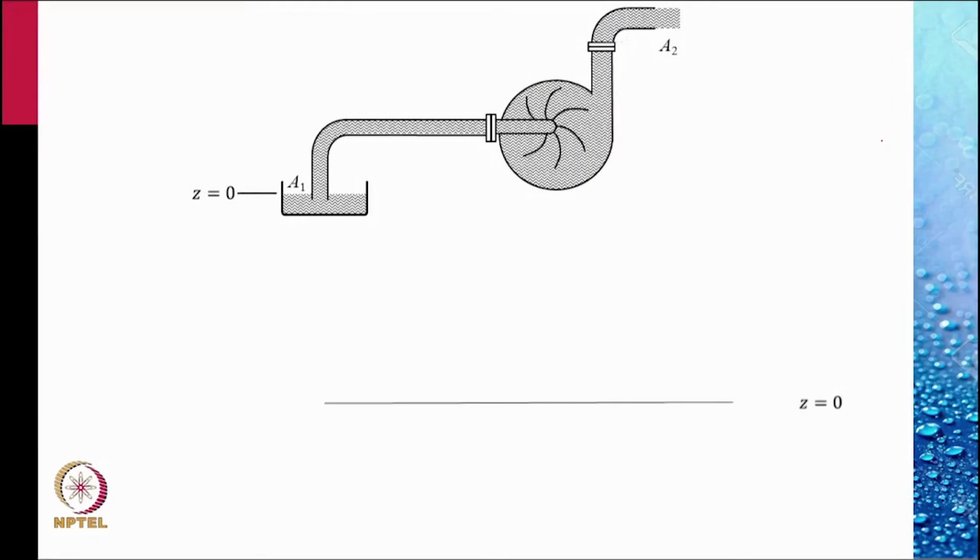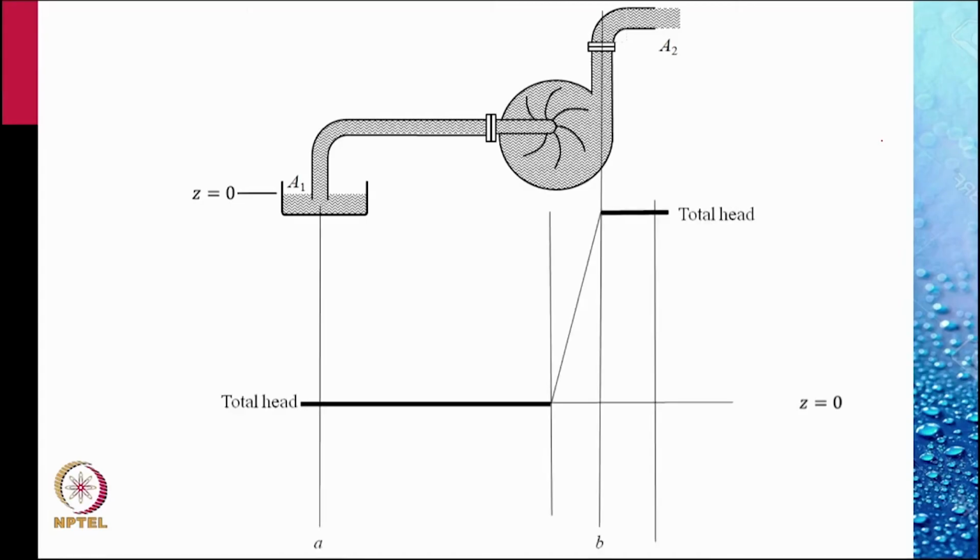Let's plot the hydraulic and the energy grade line. Let Z is equal to 0 represents the datum. Then the total head up to the inlet is constant and is 0, because at 1 the pressure is 0, Z elevation is 0, the velocity is 0.